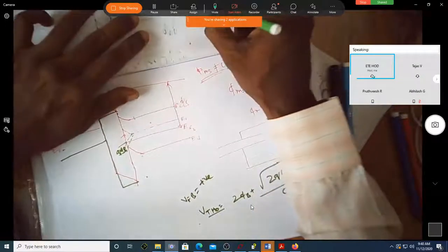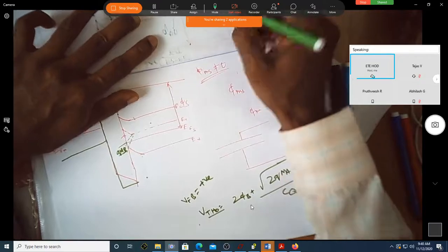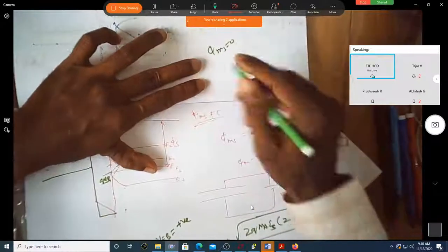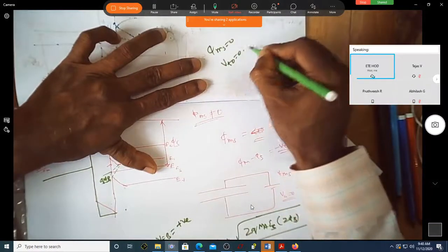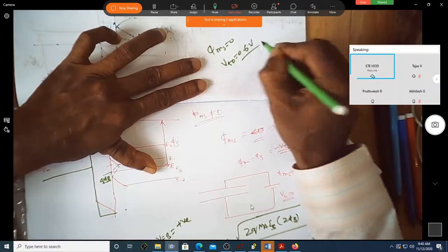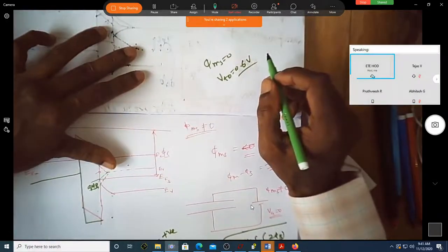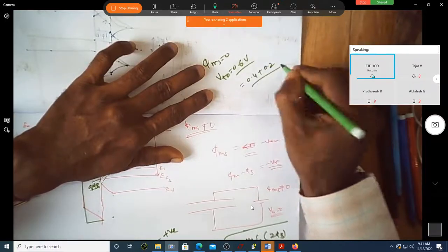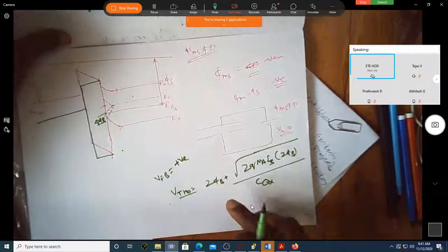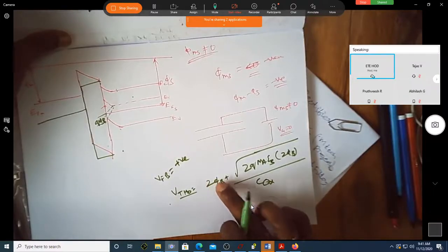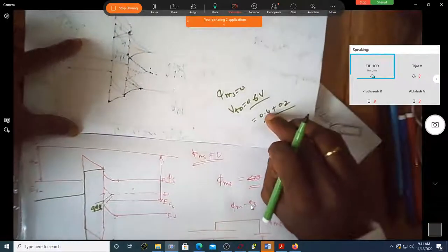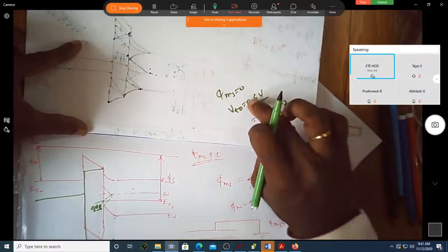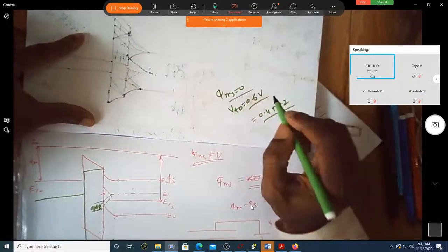Assume that with phi ms equal to 0, your VTO was something like 0.6 volts. Assume that. So that 0.6 may be 0.4 from the first part and 0.2 from the second part. So we have two parts, assume you have 2 phi b plus so and so. You need 0.4 plus 0.2, so that overall it is 0.6 when the band is flat.